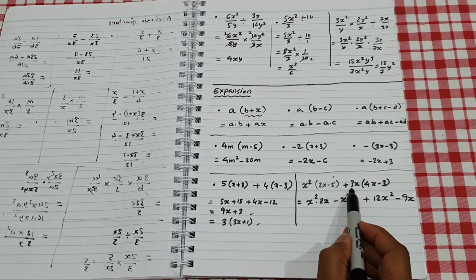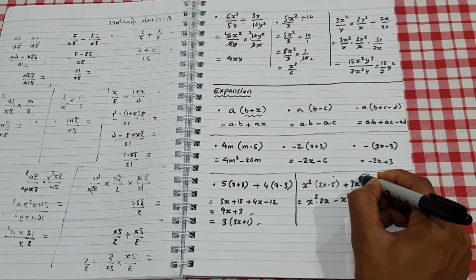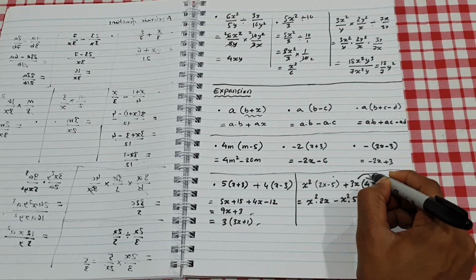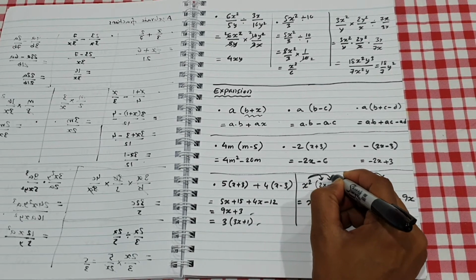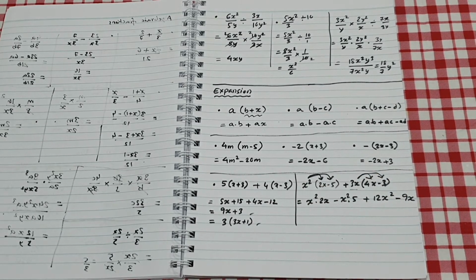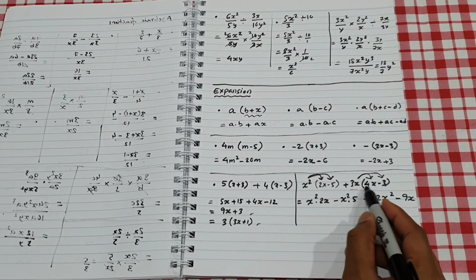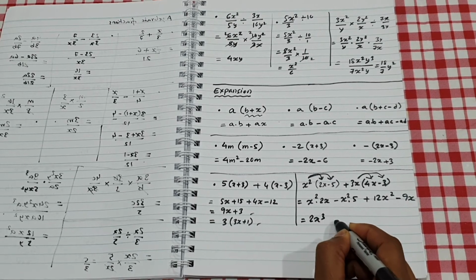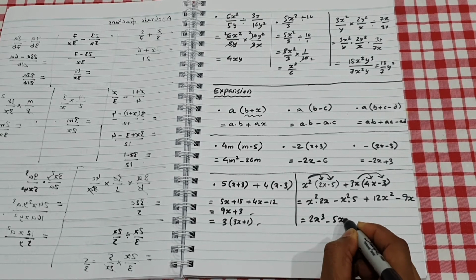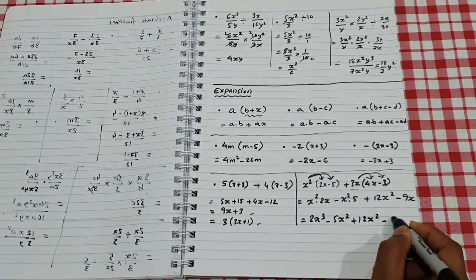We are just multiplying this term with both. There is a logic: because it is outside the bracket, it has to be multiplied by everything. So this gives you 2x cubed minus 5x squared plus 12x squared minus 9x.